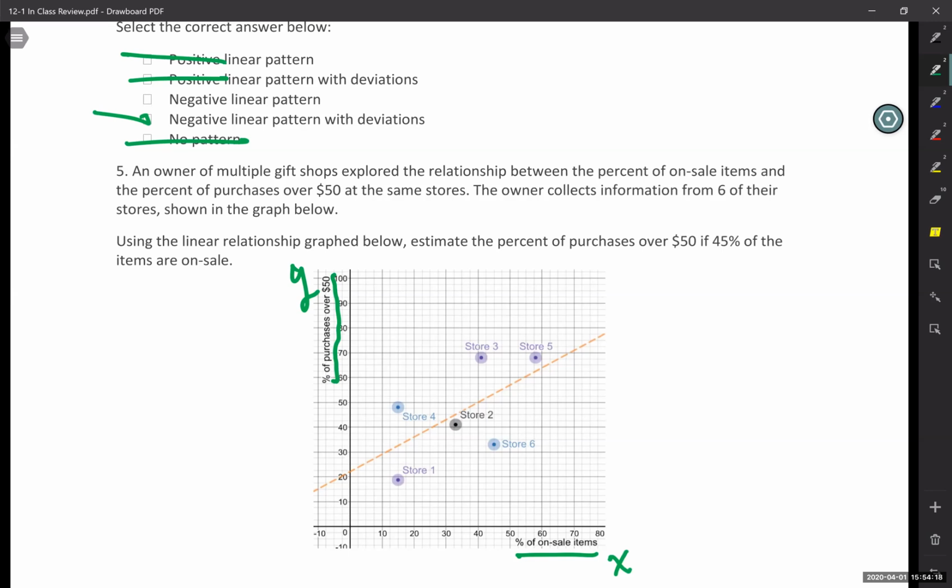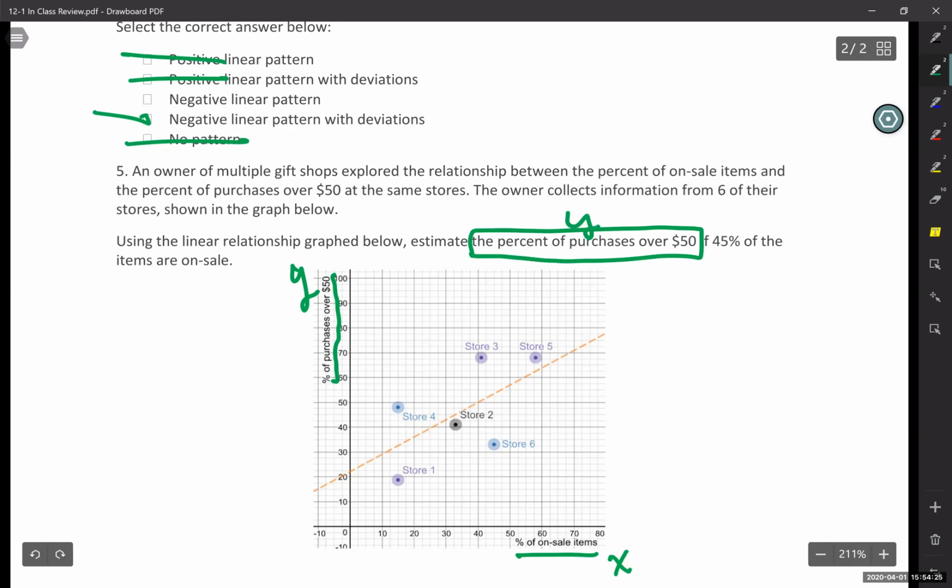Right here is Y. We want to estimate Y if X equals 45%, if 45% of the items are on sale. So I go to my X, follow this up, and we're just estimating, right up to my line. There's the point. That point, X is 45. What is Y? So we're going to come over.